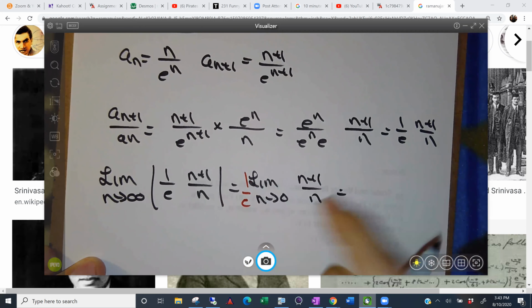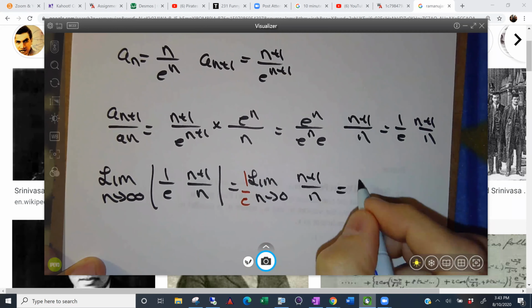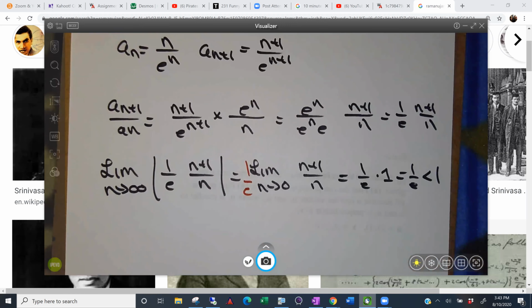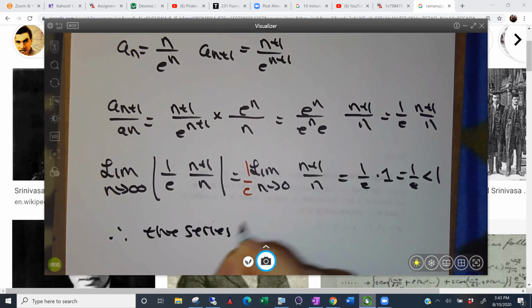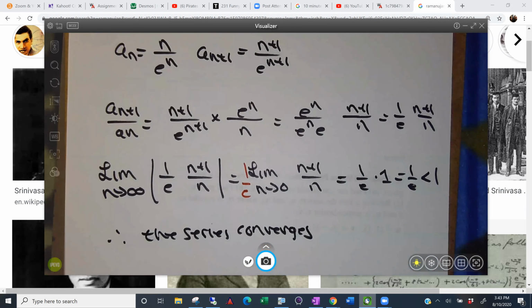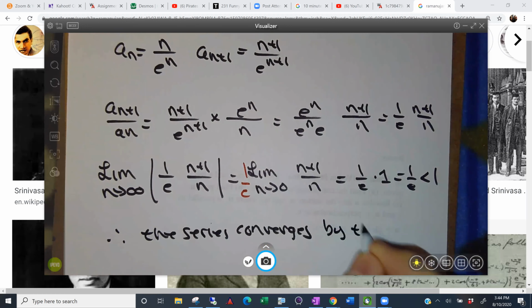This limit is 1, and that's okay. I'm left with 1 over e times 1, which is 1 over e. Because that's less than 1, the series converges by the ratio test.